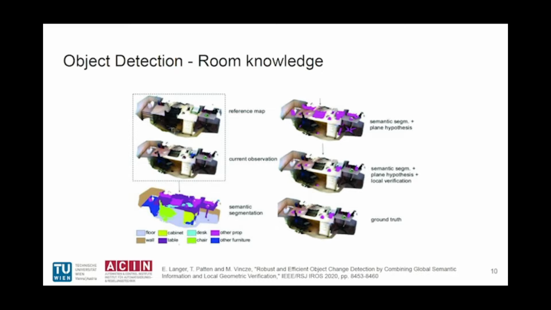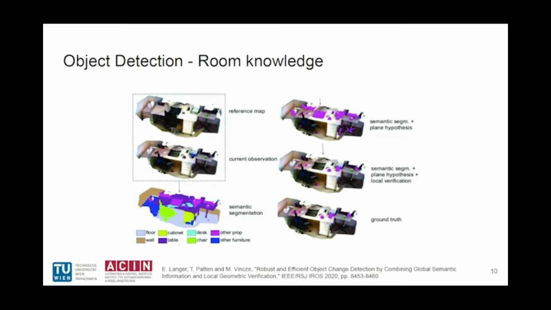And that way, you can remove even more objects and have a much better detection, which you can see here. So in that case, you can see that the laptop was there before, didn't move, but moved enough that it would be picked up by the original method. And if you have this local verification on top of it, then you have a very good set of objects out of place, very similar to the ground truth, actually.